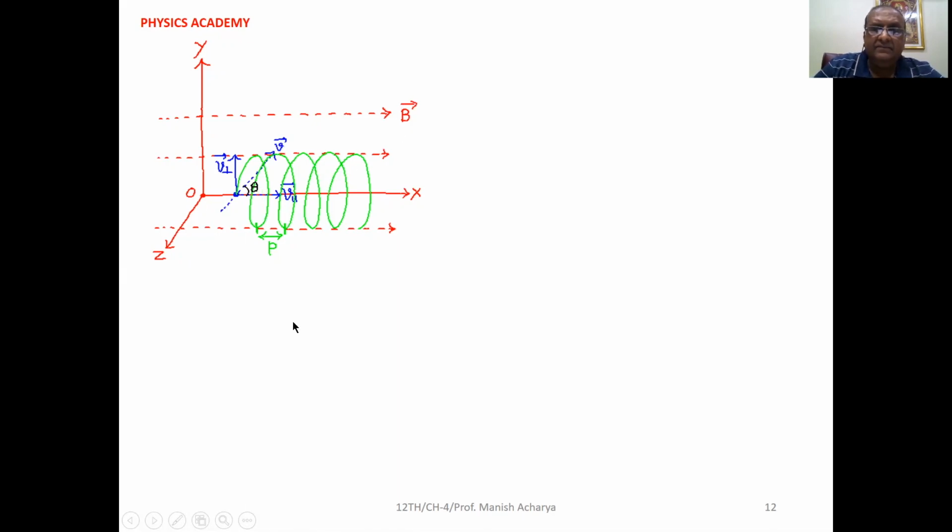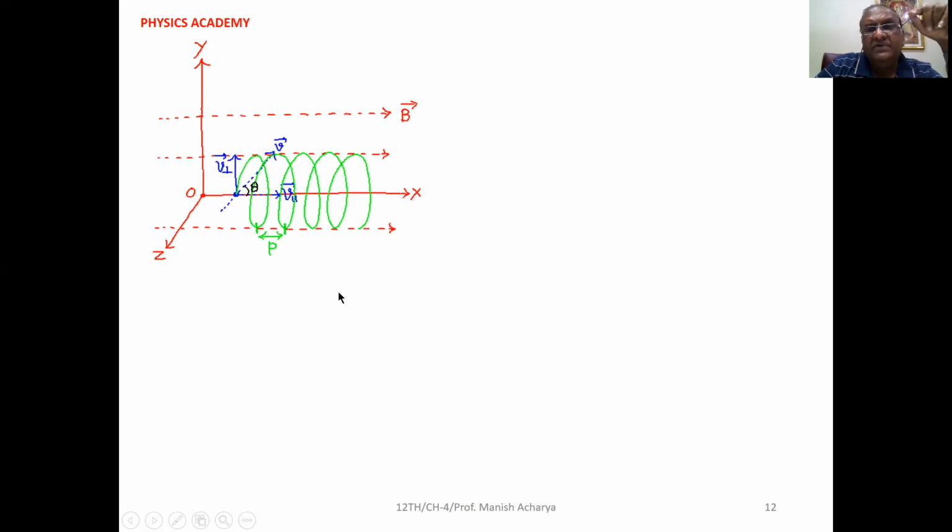Then here we have to take two components of velocity v. One component that we have to take parallel to the magnetic field, or we can say in the direction of the magnetic field, and another component that we have to take perpendicular to the magnetic field.